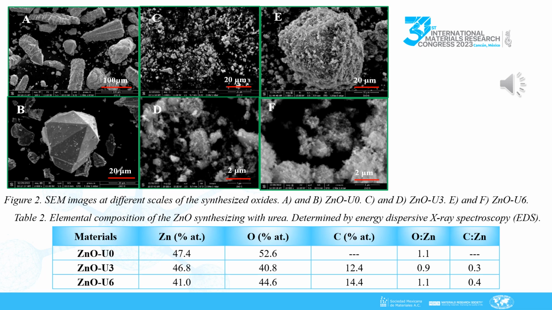The result of energy dispersion spectroscopy indicated a significant carbon content, which increases when higher urea content is used in the synthesis process. The presence of carbon in the samples indicates impurities adsorbed in the material, which is common when it is synthesized by the combustion method using a fuel agent.